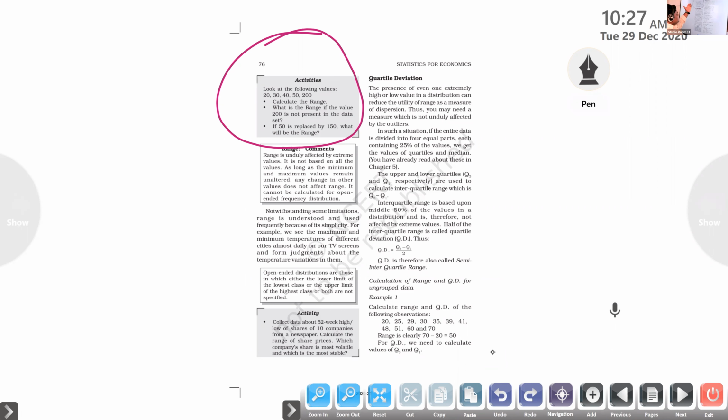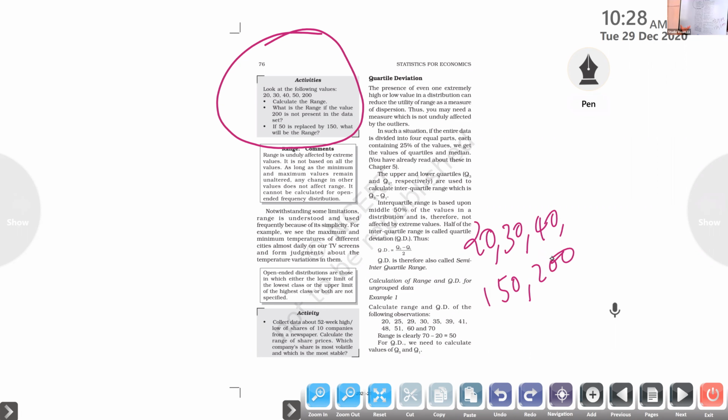Then if 50 is replaced by 150, what will be the range? 130? Listen, the 50 is replaced by 150. Now data changed into 20, 30, 40, next is 150, next data is 200. What is the answer? 180. 180 only.